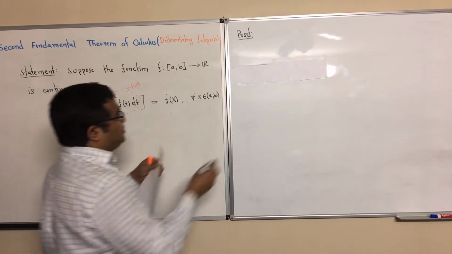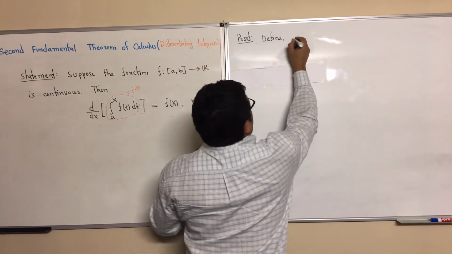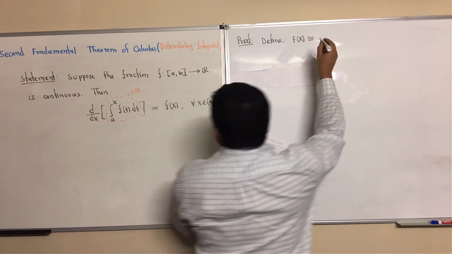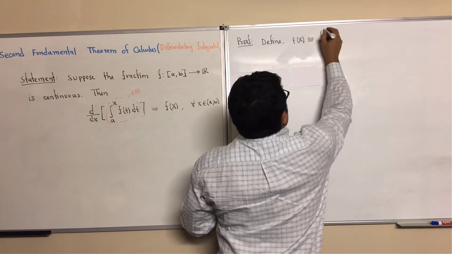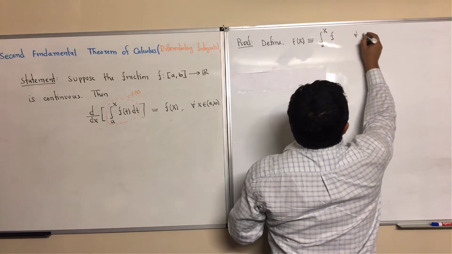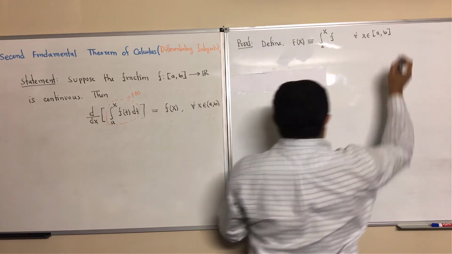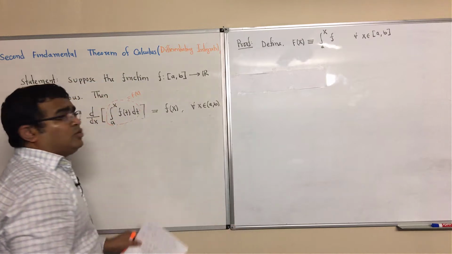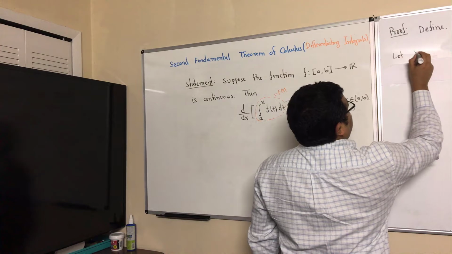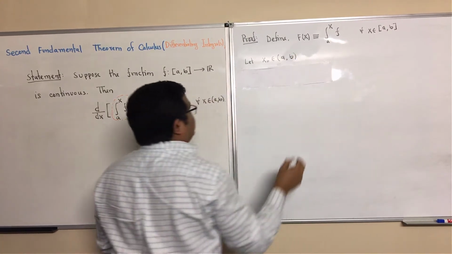So define F(x) to be the integral from a to x of f, for all x in [a, b]. Now, let x0 be a point in the open interval (a, b).